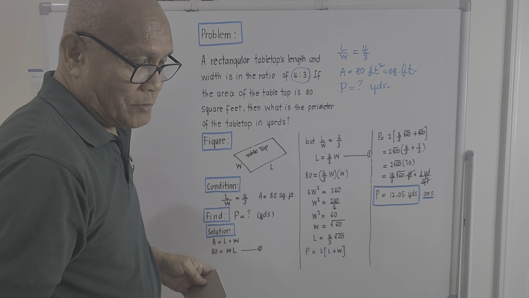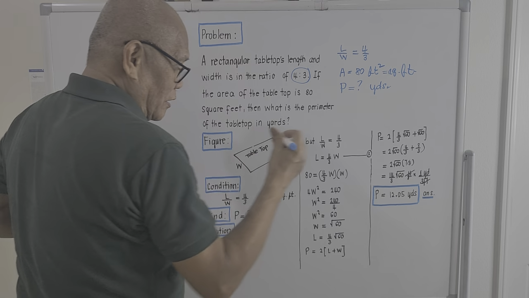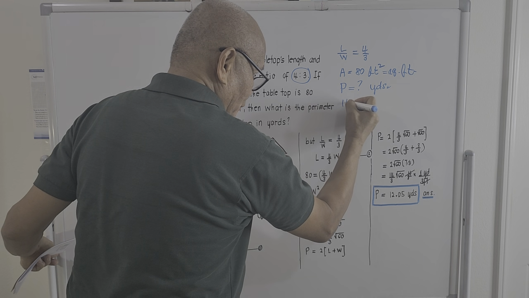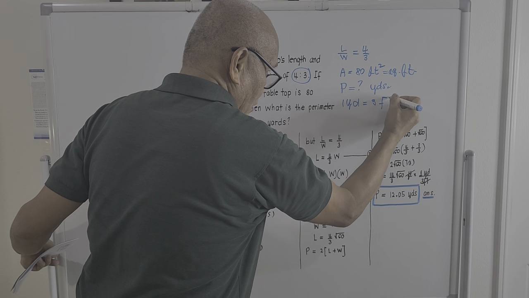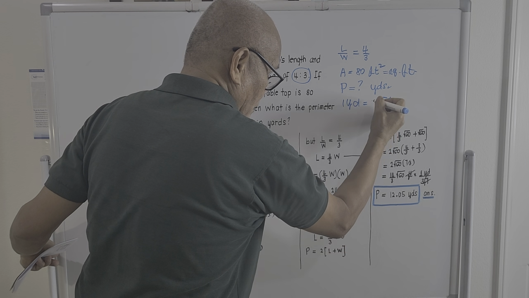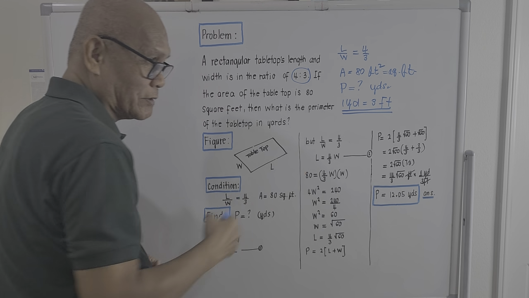If we know the perimeter, we'll just convert that to yards. We should know that 1 yard is equal to 3 feet. This is the conversion factor on the final answer.